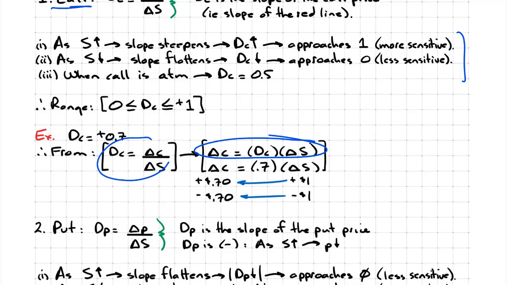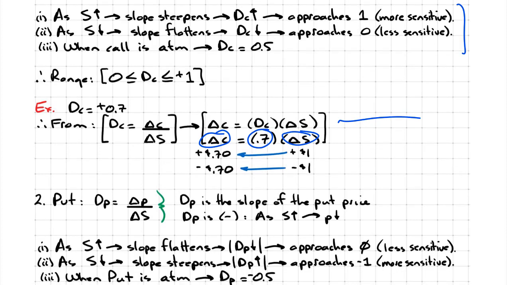That's exactly what I mean by flattening it out. So instead of having a top line and a bottom line, I just want to have a flat line right there. And plug in 0.7 for delta, and now you can see precisely how this call option is going to react in response to changes in the spot price. So if the spot price goes up $1, the call option value will increase by 70 cents.